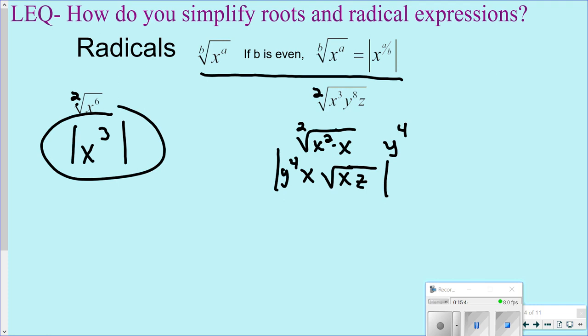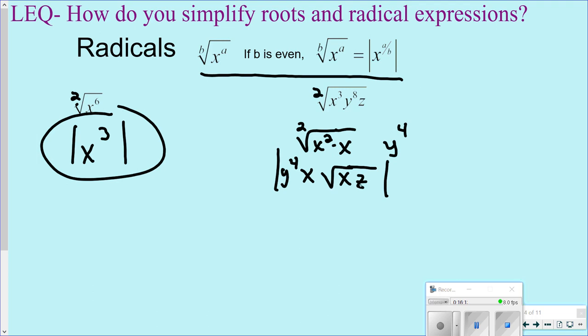Now, this answer is okay, but it's actually technically not quite correct, and we're going to talk about why right now. I want you to think about expressions that need to be inside of an absolute value. First of all, this piece right here, the square root, we've already indicated that it needs to be positive, and it'll always be positive when we're dealing with real numbers.